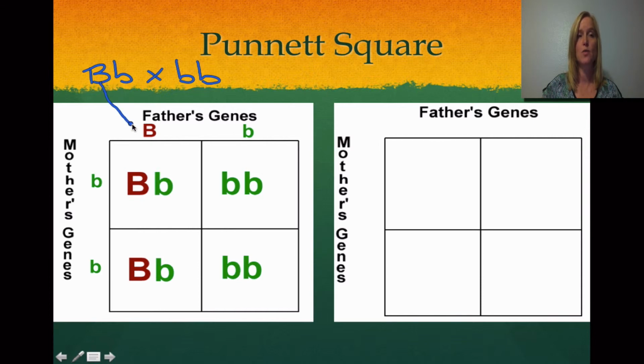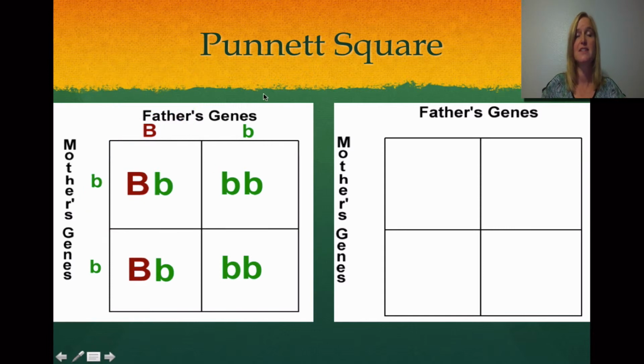So we put one letter over each box. So for the father's genes, we put a capital B over this box, and we put the lowercase b over the other box. For the mothers, we put it over on the side. So we put one letter on the side of these boxes, and we put the other letter on this side.